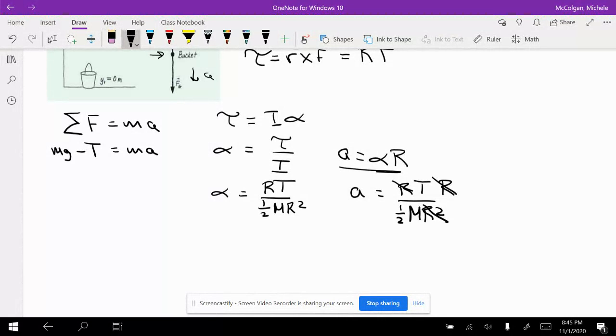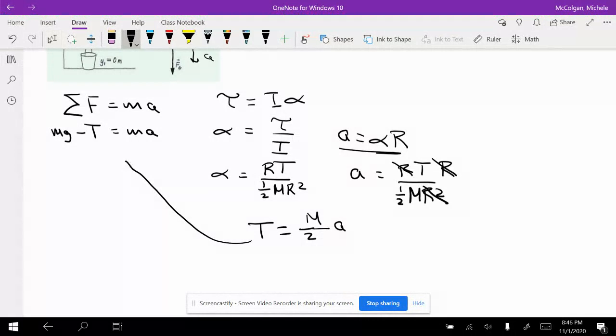T is equal to 1/2 capital M times a, and we're going to plug that into our equation over here.